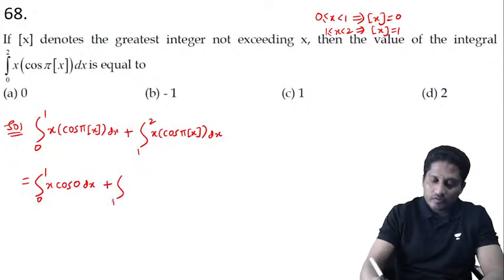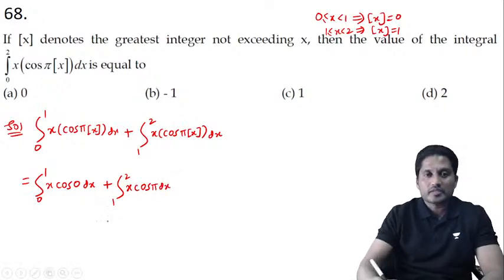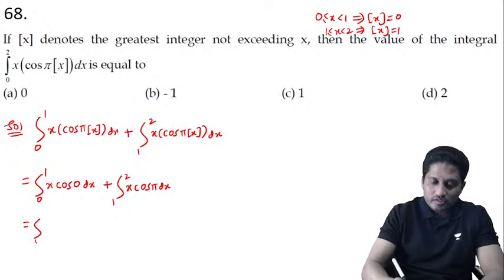Between 1 and 2, floor x will be equal to 1, you get x into cos pi dx. Cos pi is minus 1, cos 0 is 1. So 0 to 1, you get x dx, plus integration of 1 to 2, cos pi is minus 1, so this is minus x dx.